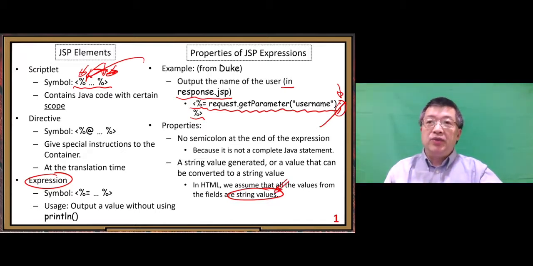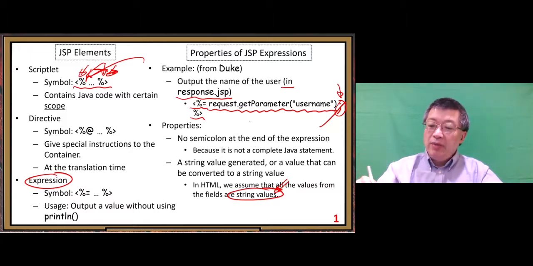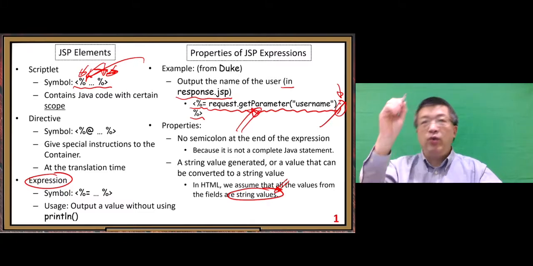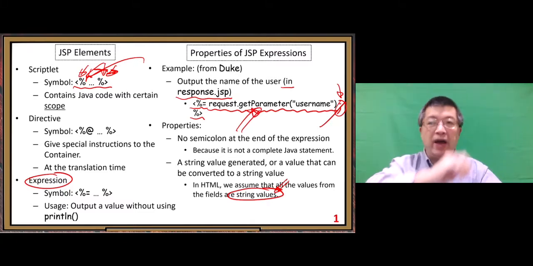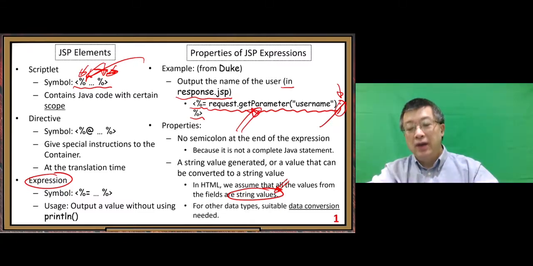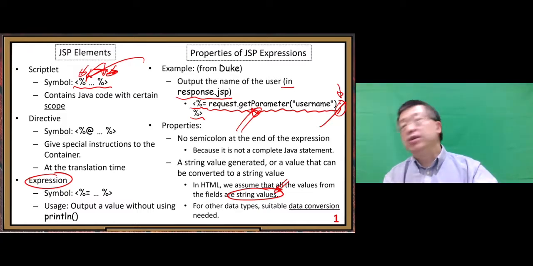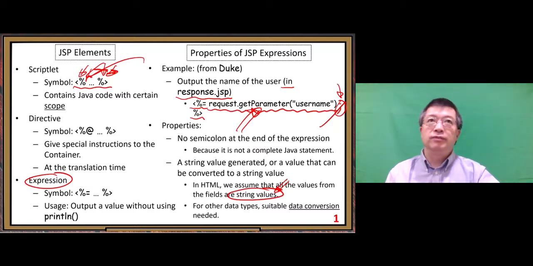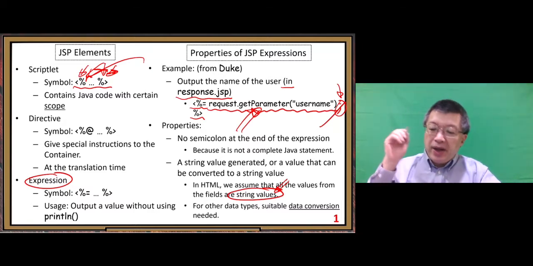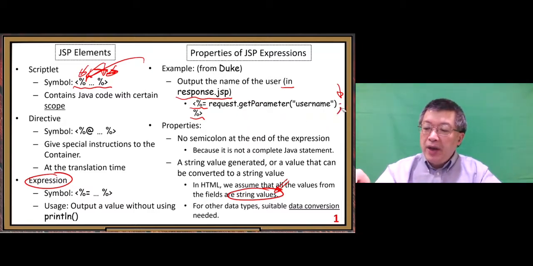So that's the reason when we output a value to HTML, we also like to have a string value. For other data types, suitable data conversions are needed. Java will do it, so we don't worry. But here, I'd like to point out one special case.